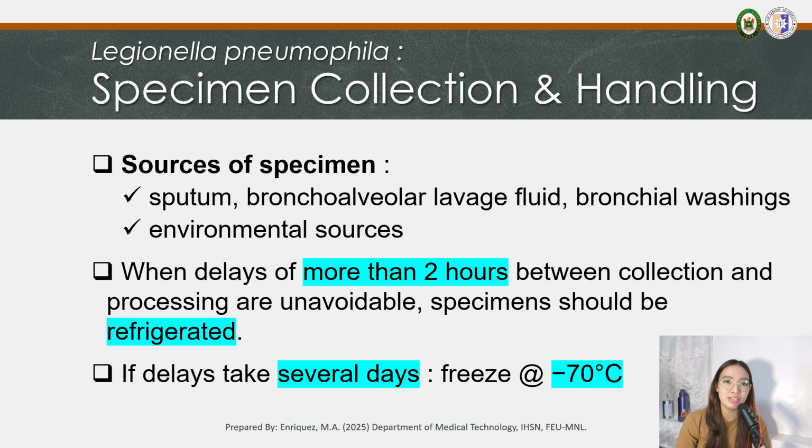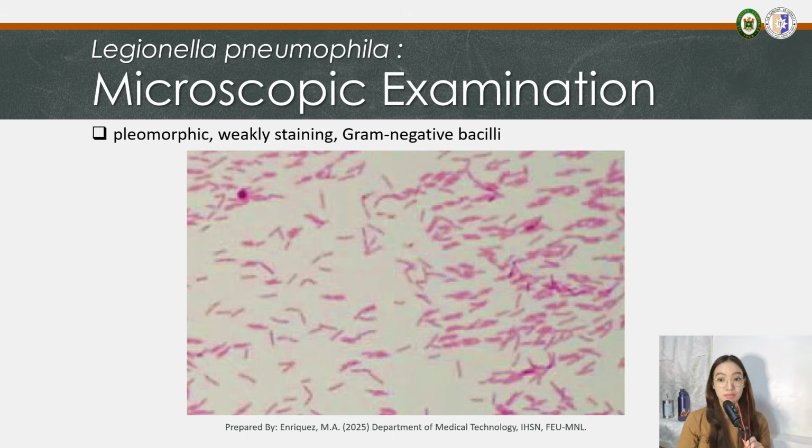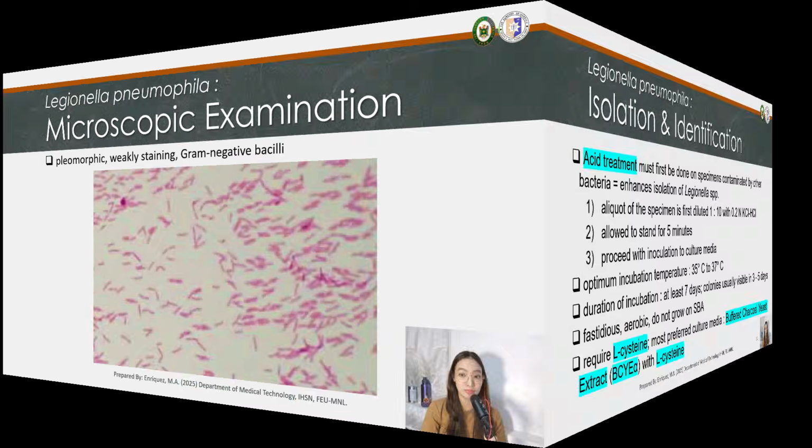If there are delays in processing for about 2 hours, refrigerating the specimen is fine, but if the delay will take a few days, the samples must be frozen at negative 70 degrees Celsius. Under the microscope, they appear pleomorphic, weakly staining gram-negative bacilli, as we can see right here in this photo. So this is the gram stain morphology of Legionella pneumophila.